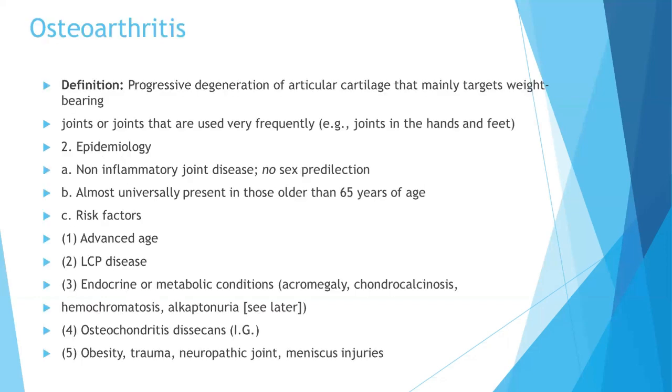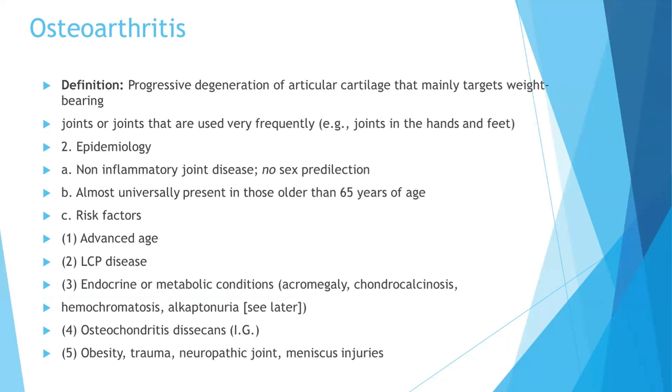Now let's discuss some of the high-level points about osteoarthritis. Definition: osteoarthritis is a progressive degeneration of articular cartilage that mainly targets the weight-bearing joints or joints that are used very frequently, such as joints in the hands and feet. Epidemiology: it is a non-inflammatory joint disease with no sex predilection, almost universally present in those older than 65 years of age.